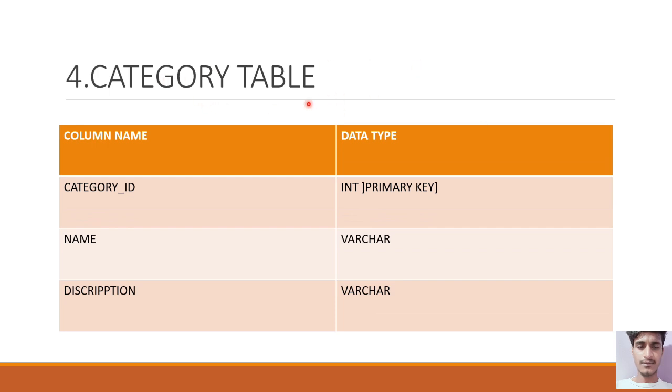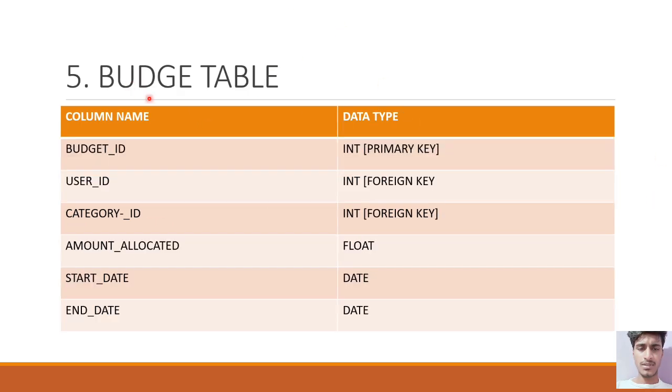Next is the category table. Here I mainly used some column names: category ID, name, description. See, this is the budget table. For this also I have used many foreign keys; the user table and category table are linked to it.